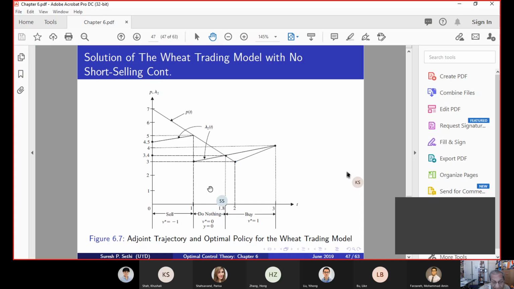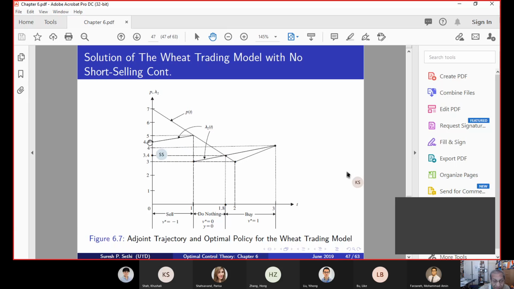If I do nothing, I would have to have a singular control. Singular control means V star equal to 0. Singular control in our setting means P2 equal to lambda 2. So in the beginning, I can see that lambda 2 would equal P(t) at 1. That's my condition on lambda 2 at 1. Then I can solve the equation for lambda from 1 all the way to 0 backward.